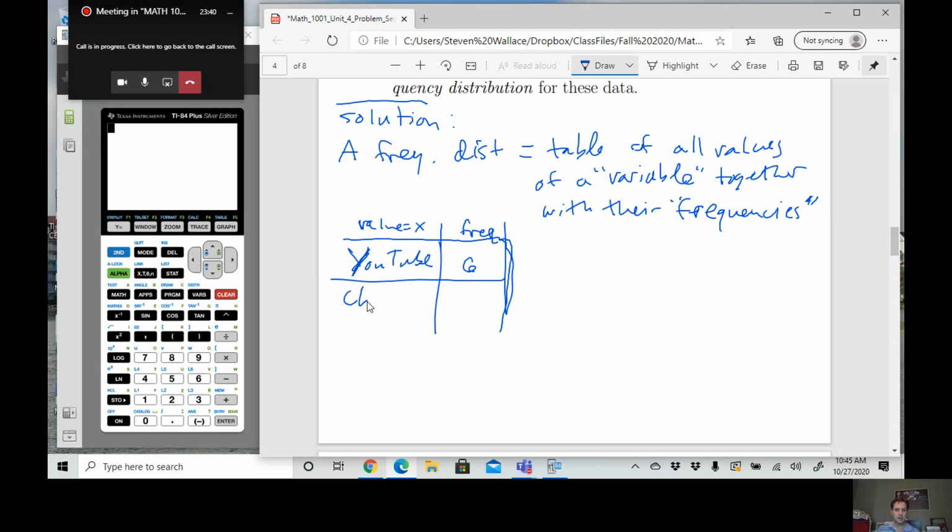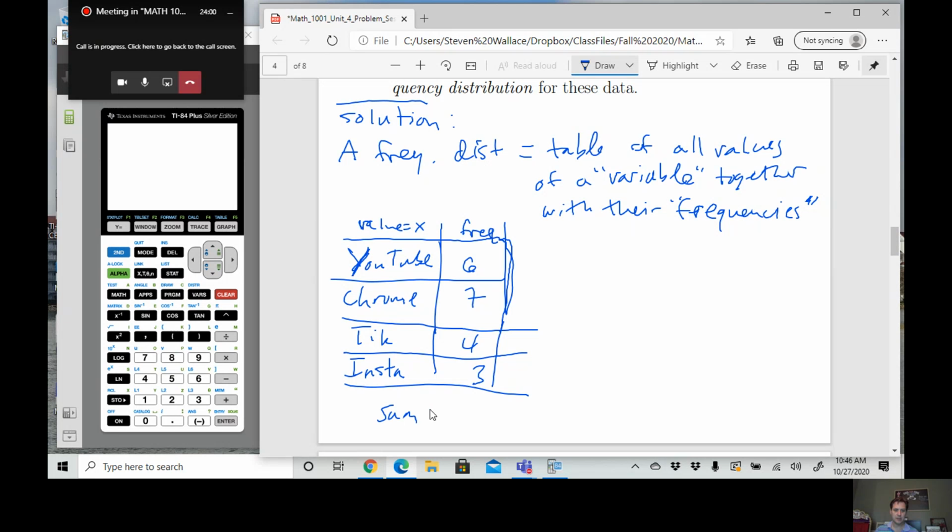Then Chrome comes up 7 times. TikTok comes up 4 times. And Instagram 3 times. Okay. If you add all these up, that's going to be 20. There are 20 data values, right? That's called the total frequency.